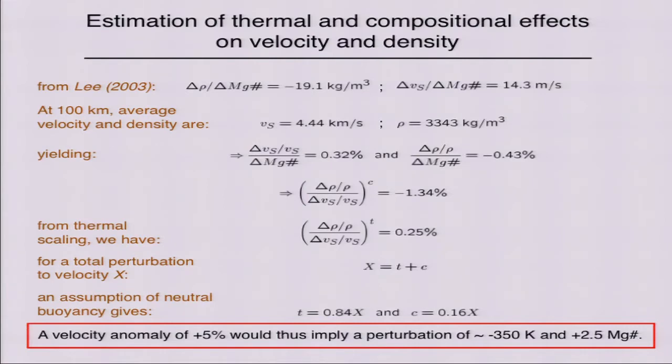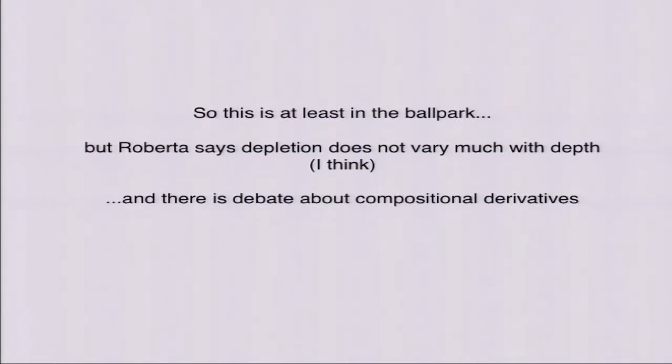And we can work out what the perturbations would be: cold by about 350 Kelvin and increased Mg number compared to some reasonable background by about positive 2.5. And those are actually in the ballpark of observations from other data sources.